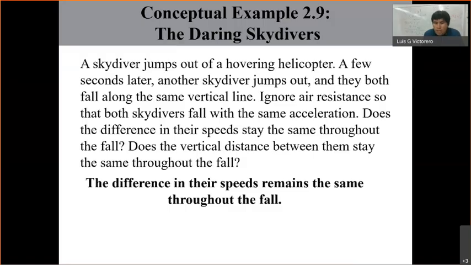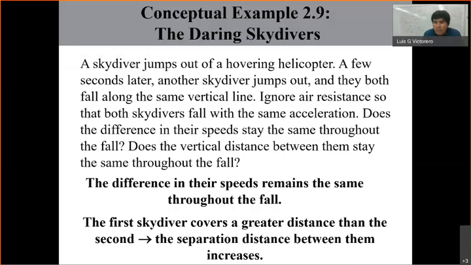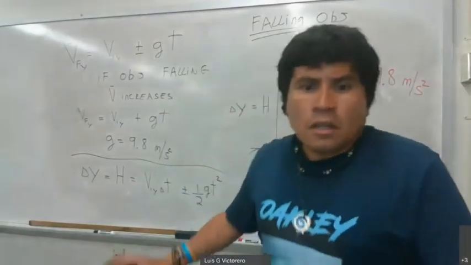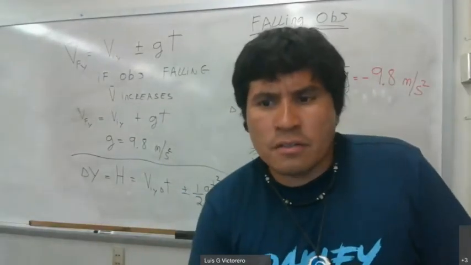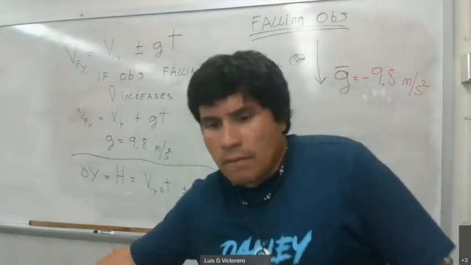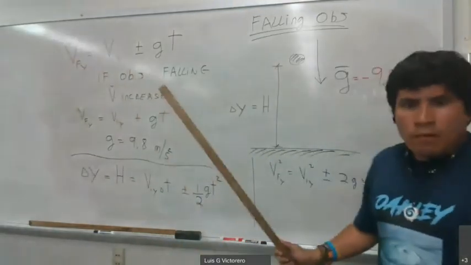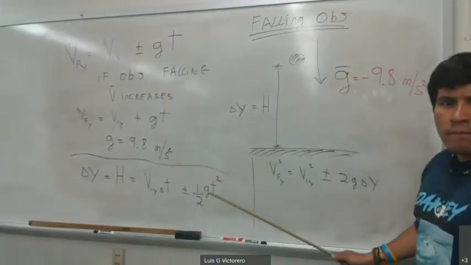What changes is the vertical. The reason why the vertical covers more as you go, guys, is, if you see the equation here on the board, can you tell me what type of equation this is?